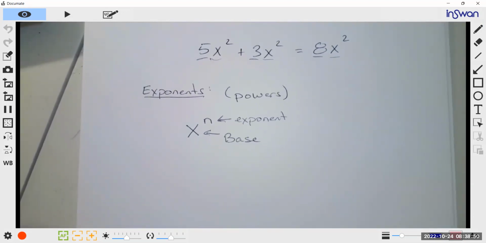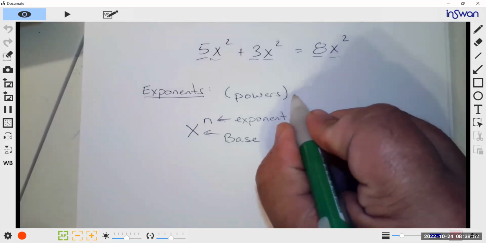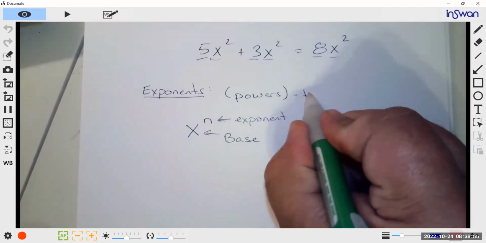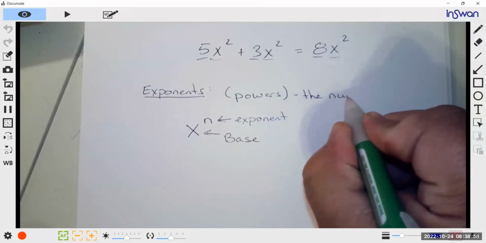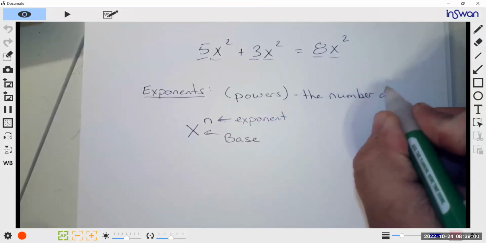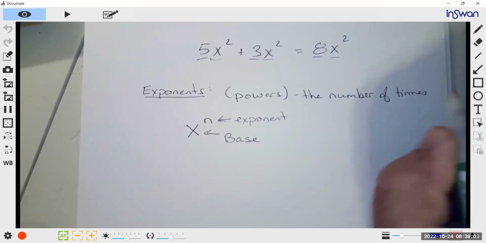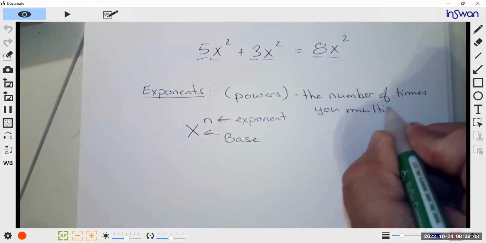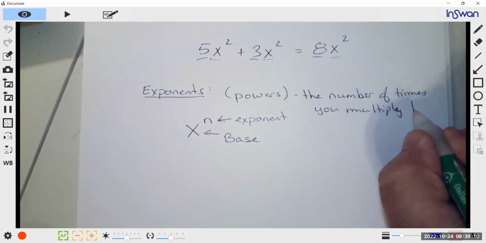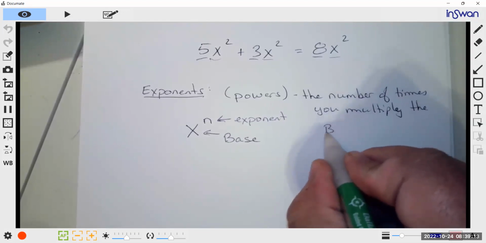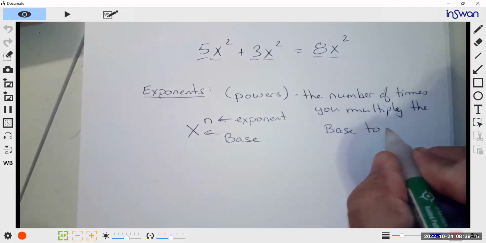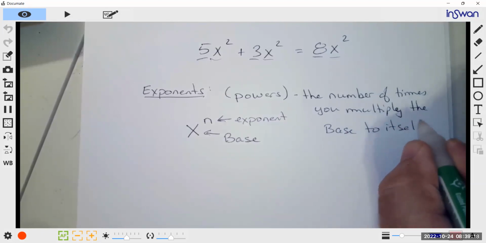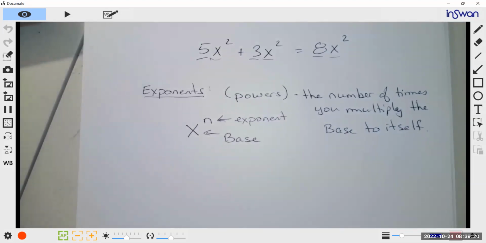What does an exponent represent? An exponent represents the number of times you multiply the base to itself. So an exponent is the number of times you multiply the base to itself.